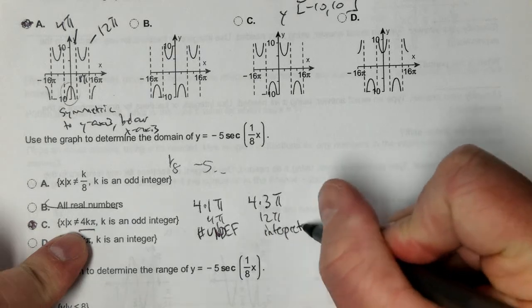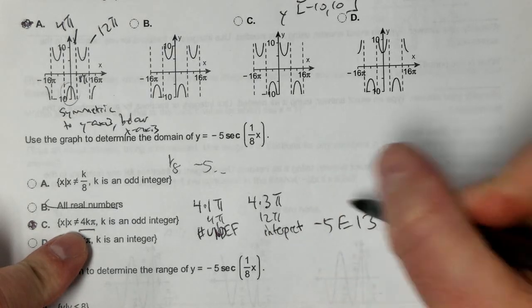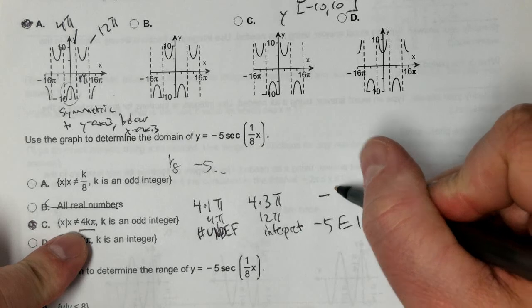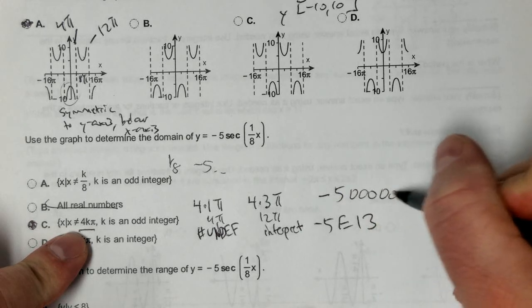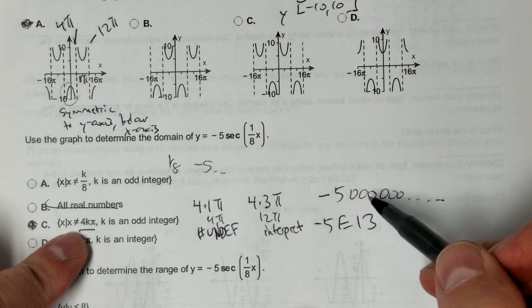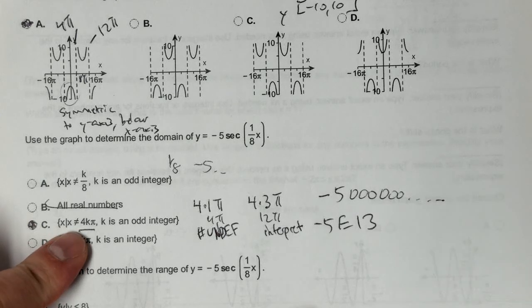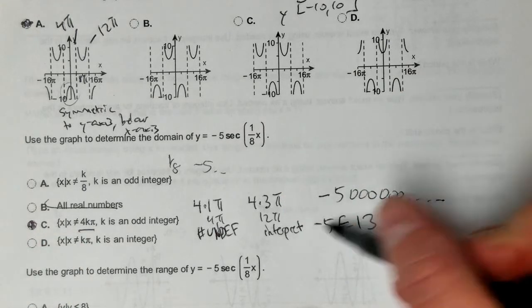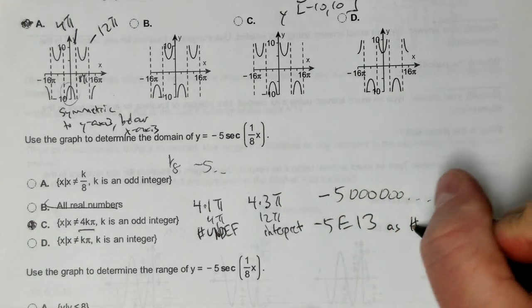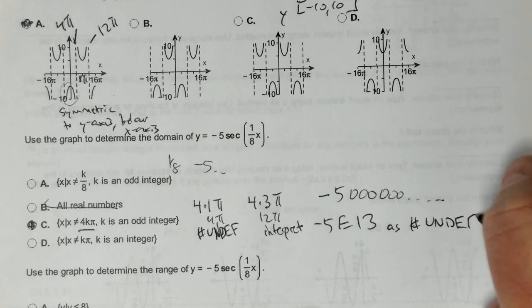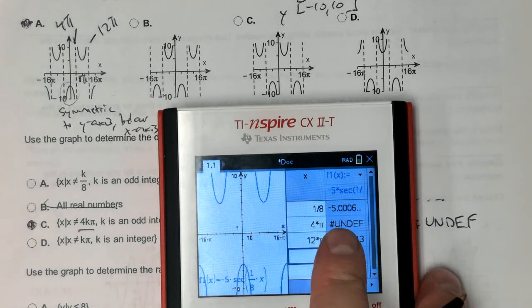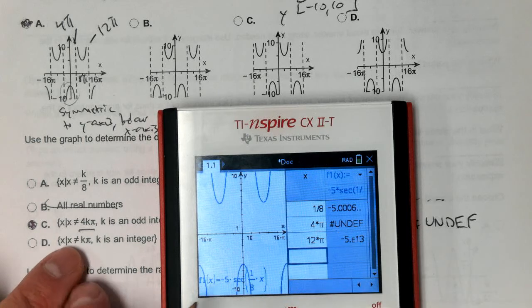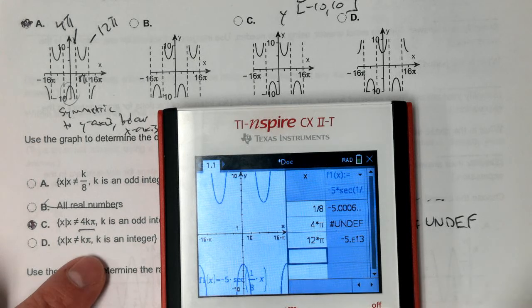Interpret negative 5e to the positive 13 like this. And so it's a really big negative number, which indicates an asymptote. So interpret that as hashtag undefined, like the 4 pi. And then for the one where it just says pi, you do that, you get a number, no e.